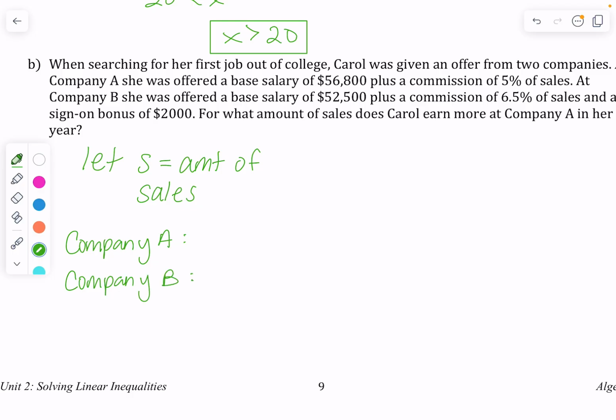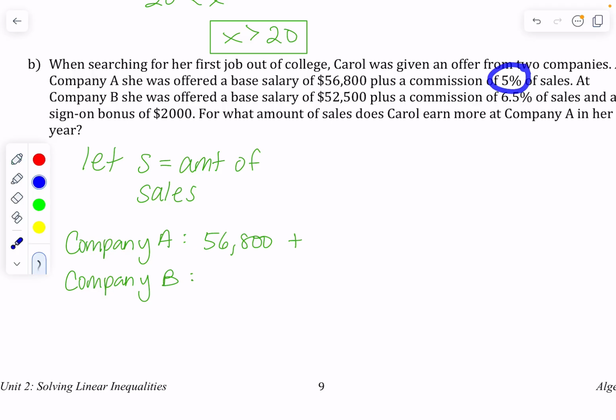Okay, let's go ahead and make an equation. Well, for Company A, she was offered a base salary of $56,800 plus a commission of 5% sales. So a base salary means they automatically get it. $56,800 plus a commission of 5% sales. I'm not just going to put a 5 there. I need to change that percent to a decimal.